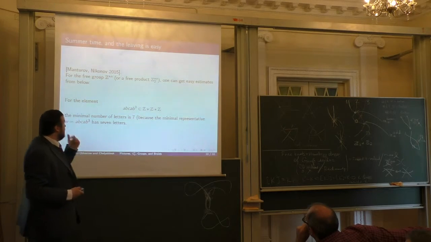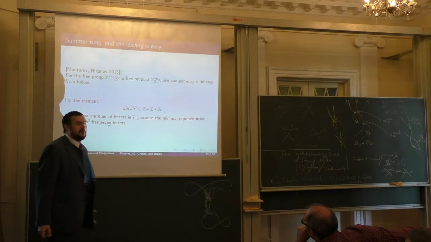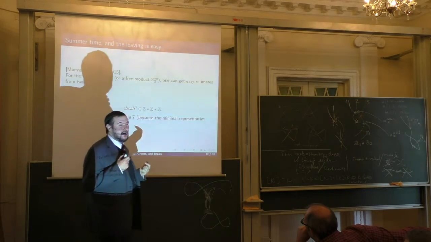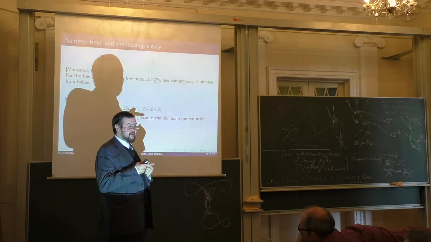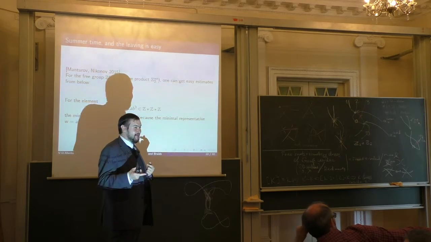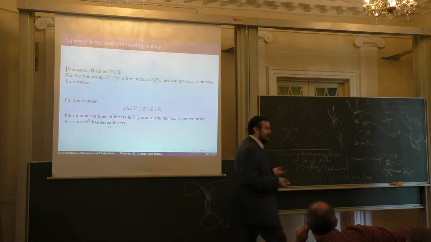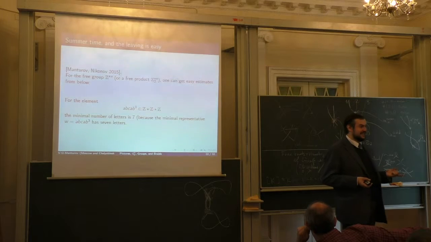But what can we do if we have an arbitrary group? Well, of course, in the arbitrary case, we cannot do so much. But if we have a map to a free product of some abelian groups, then we will have obvious estimates.